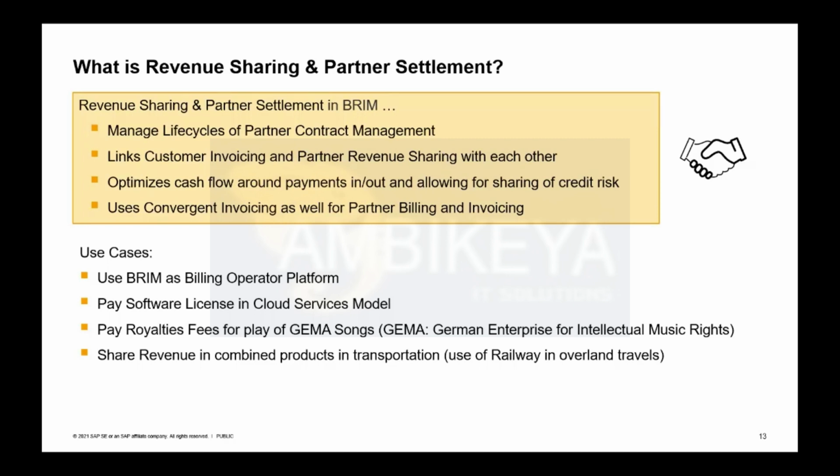For example, software licenses and cloud service models are also a business example for partner sharing. The other is songs, where you have royalty fees that you have to pay for songs and software. And the railway example in transportation management was already mentioned.